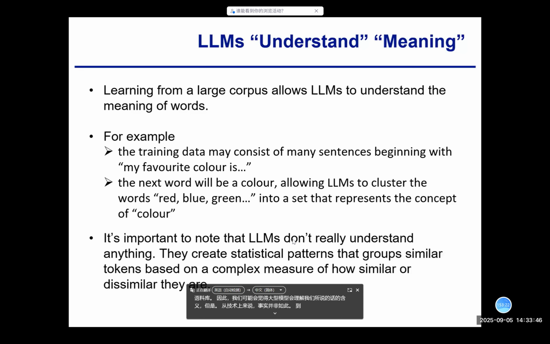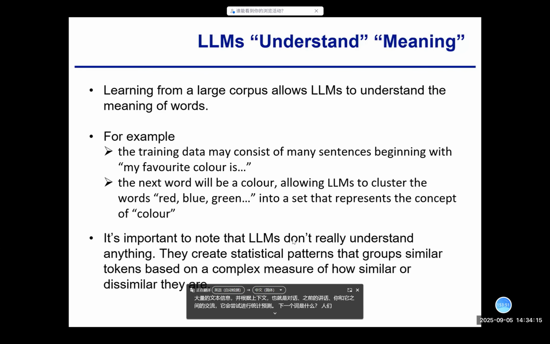To give you an example, when the large model is trying to generate a sequence saying something like, my favorite color is, based on the huge amount of textual information it collects, and based on the context, which is the previous conversation between you and it, it will try to statistically predict the next word.